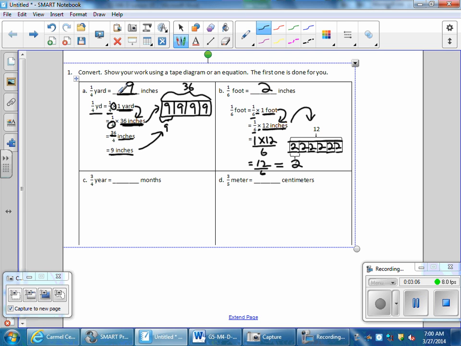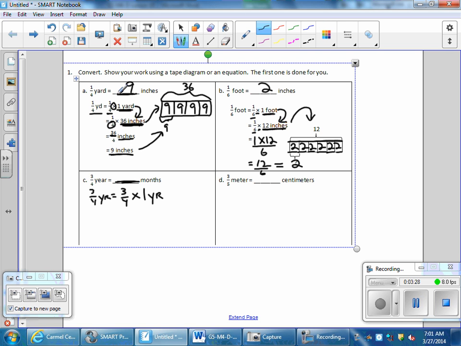Letter C, 3/4 of a year is equal to how many months? So I'm going to begin with 3/4 of a year is equal to 3/4 of, again the times symbol means of, 1 year.